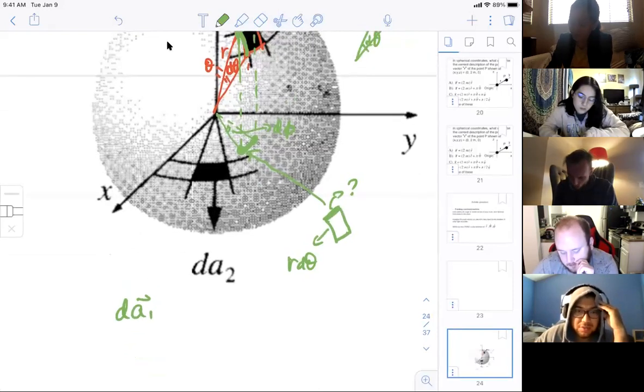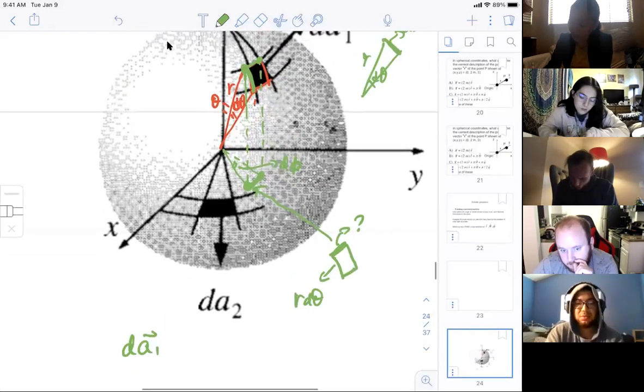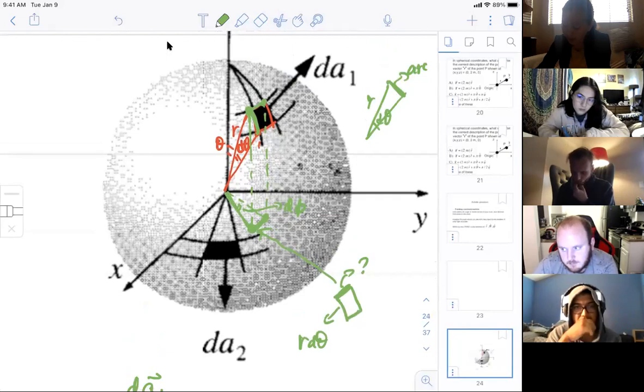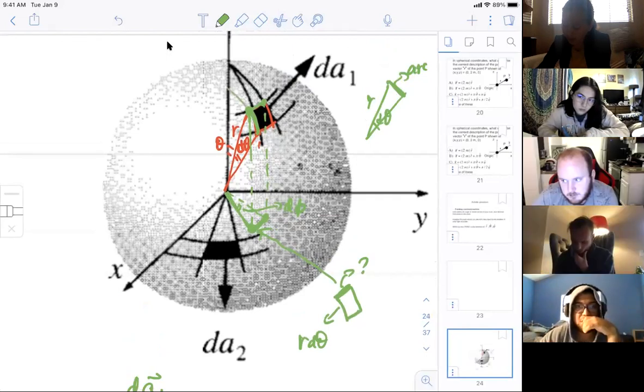R d phi. Yes, we have d phi, but this is not r anymore. This is a projection of r onto the XY plane. So how do I represent the projection of r on the XY plane? R sine theta.